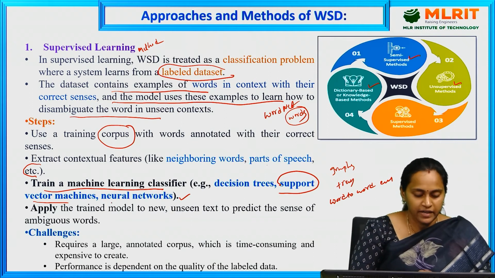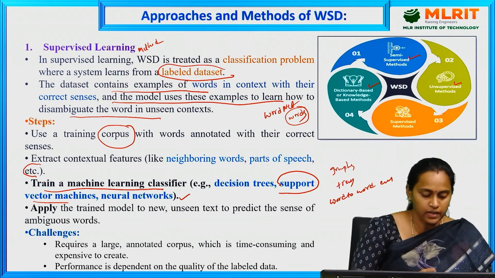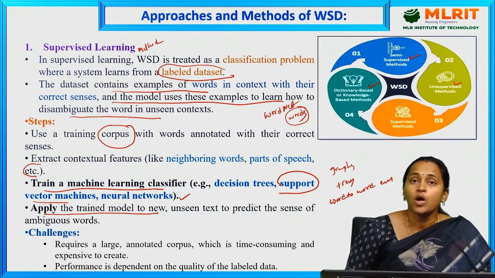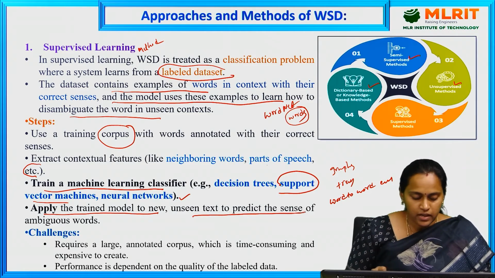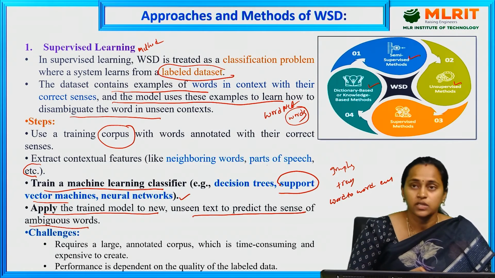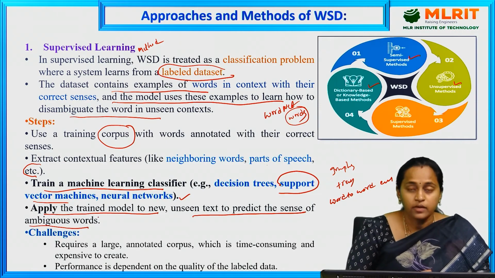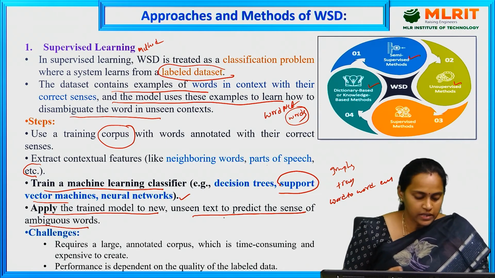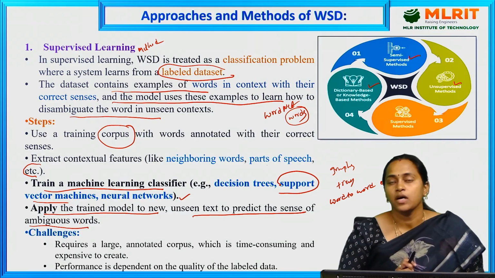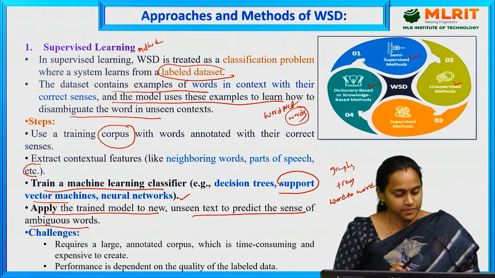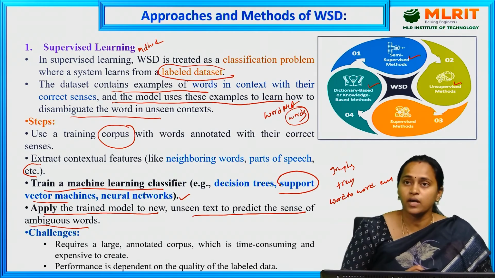After training the machine learning classifier, apply the trained model to new unseen text to predict the sense of the ambiguous words, to resolve the ambiguity. Here we are facing some challenges.